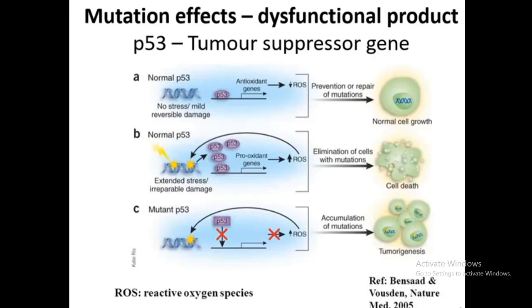And subsequently that will avoid the initiation of cancer. But what happens in mutant P53 is that it does neither of those functions, and essentially when the cell encounters oxidative damage, you will get the accumulation of mutated DNA, and that accumulation of mutated DNA will eventually lead to the development of cancer.